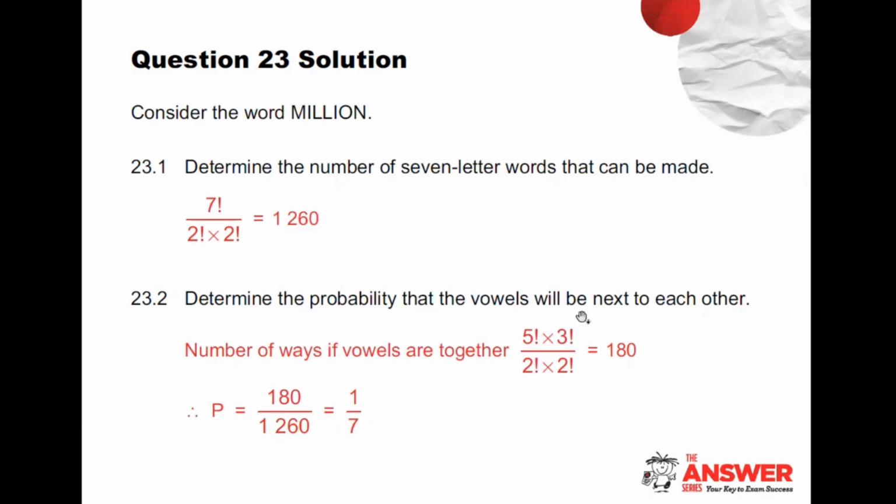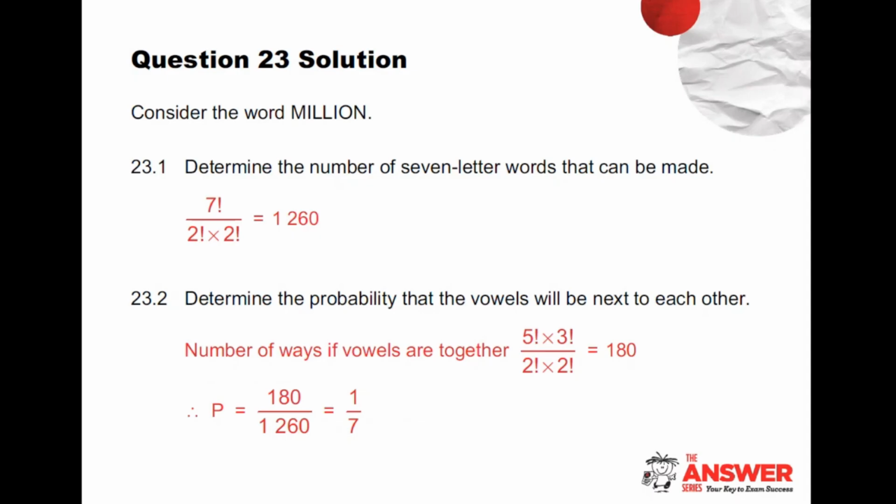Determine the probability that the vowels will be next to each other. Okay, I've got I, O. So there are 3 vowels, which I think of as one group. Then there is M, L, L, N. So it's the 3 vowels, M, L, L, N. How many things am I arranging? 5.